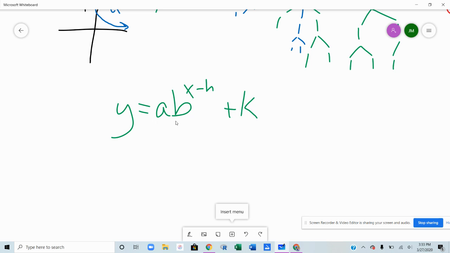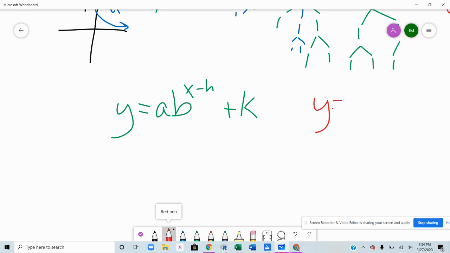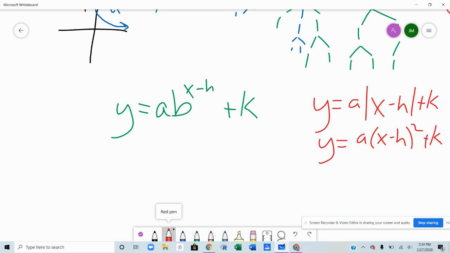But this is your general form, which, if you recall, our absolute values look like this, and our quadratics looked like this, and they're the same. They're just in different places, but A, H, and K do the same thing. Your A is dilating, your H moves you left and right, and your K moves you up and down. The important ones to look at here for graphing information are actually B and K. Those tell you the two most important pieces of information for your graph.